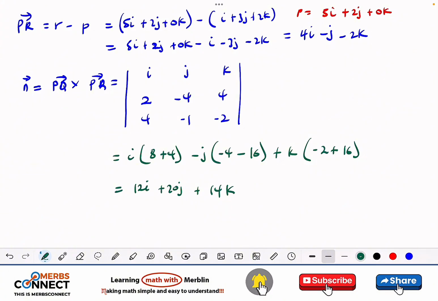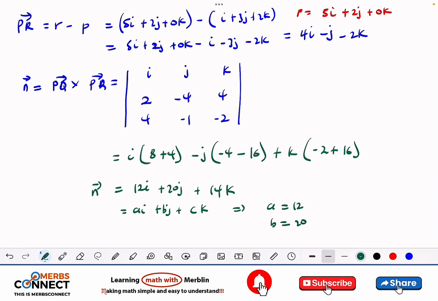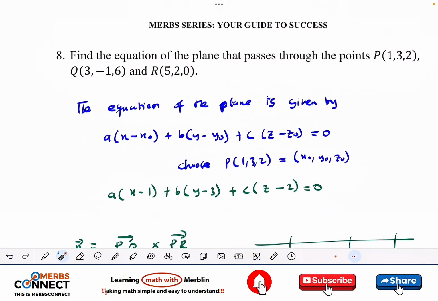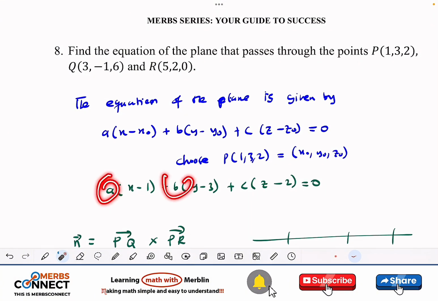So indeed, this is the normal vector, which is of the form ai plus bj plus ck. So this implies that a is equal to 12, b is equal to 20, and then c is equal to 14.